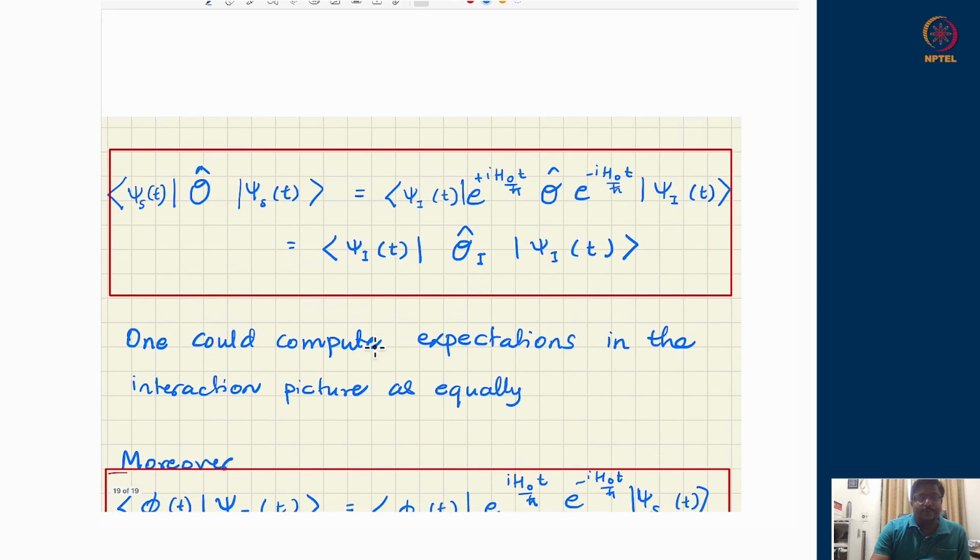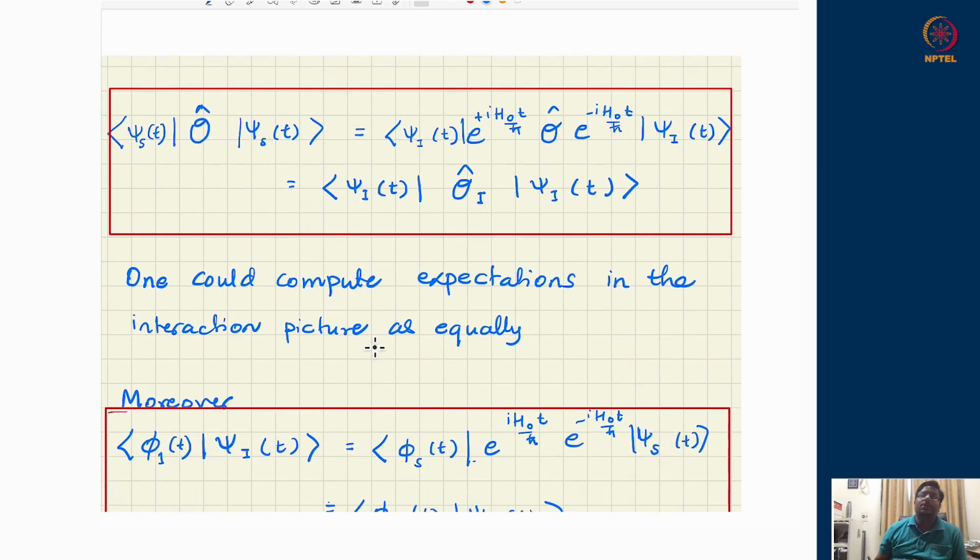Because you can prove that if I want to know the expectation value of any operator, I can do it in the Schrodinger picture: I take this operator and squeeze it between time evolved Schrodinger states. But you can prove that by multiplication. I know that psi S of t is nothing but e to the power minus i H naught t times psi I of t.